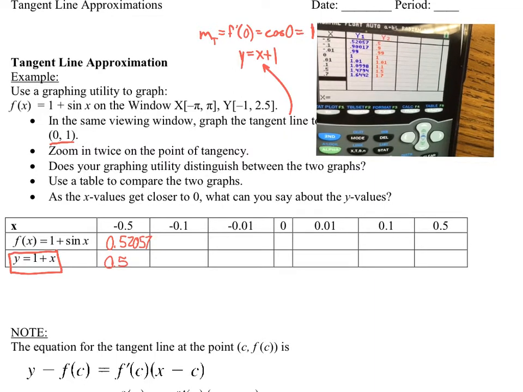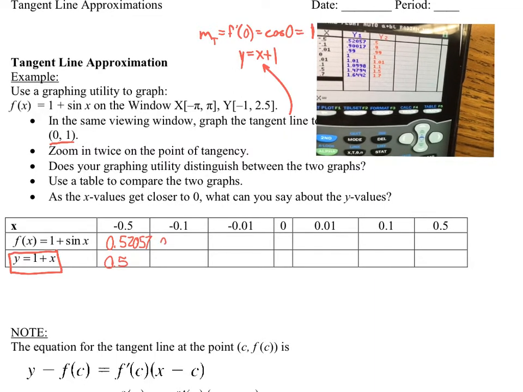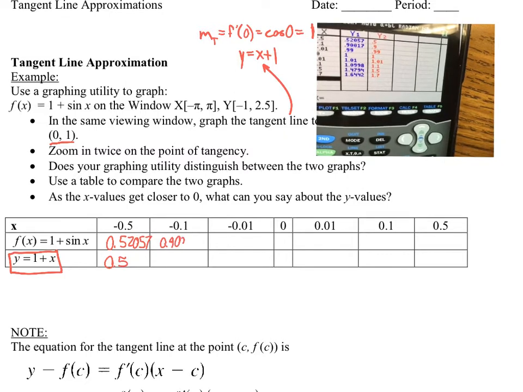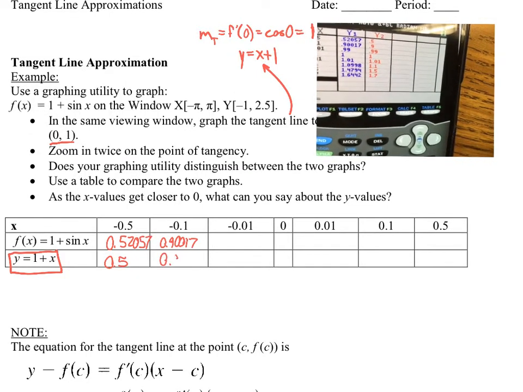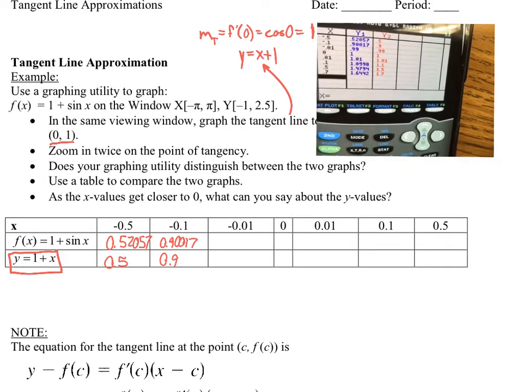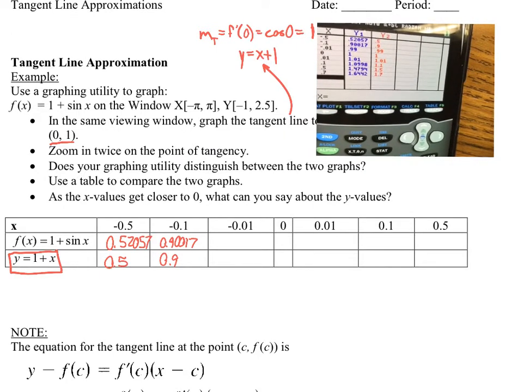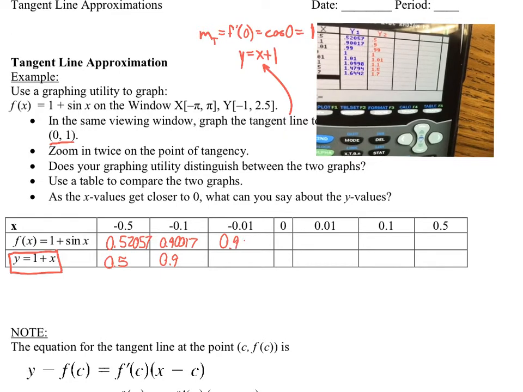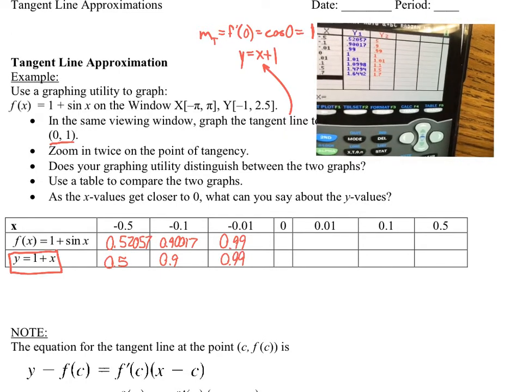At negative 0.1, we have 0.90017 as opposed to 0.9. Then at negative 0.01, we have 0.99 here and 0.99 here. At 0, they both equal 1. We knew that because we made the line hit the graph at that point.